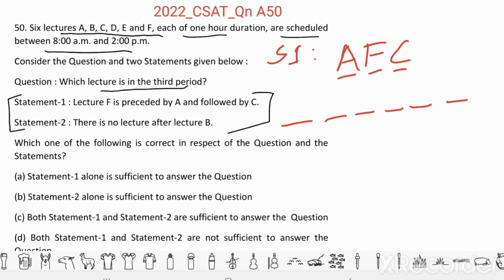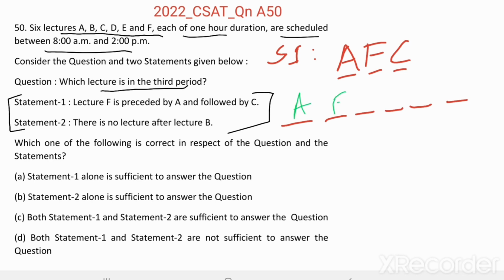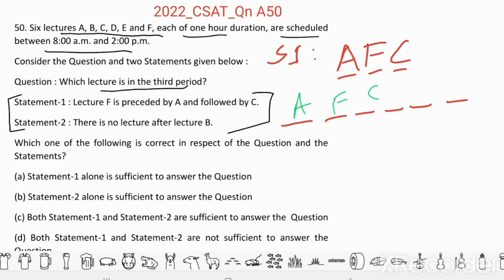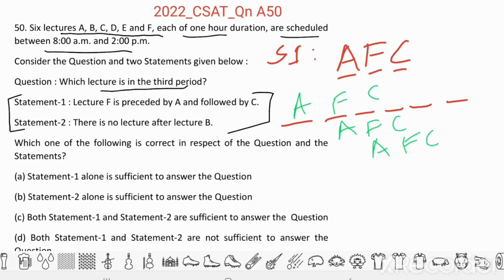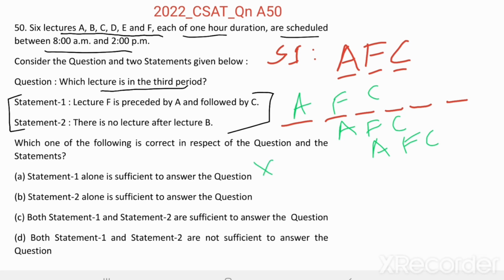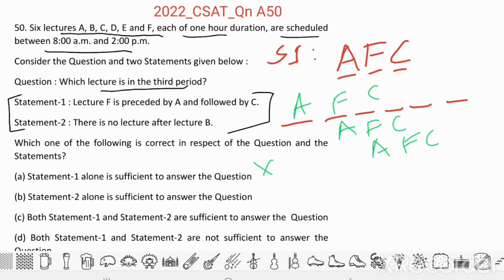If I am keeping A, F, C here, then in the third period it is C. Suppose I am keeping A, F, C in this way, then third period it is F. And if I am keeping A, F, C in this way, then third period is A. So based on the first statement alone, we cannot answer the question which lecture is in the third period. Therefore, we can eliminate the first option.